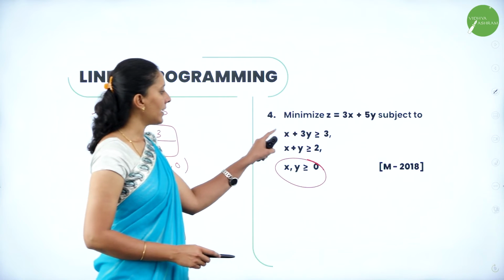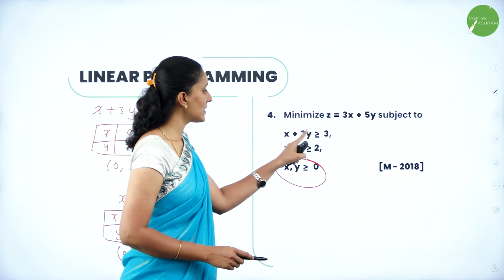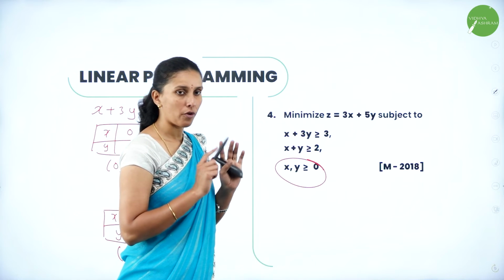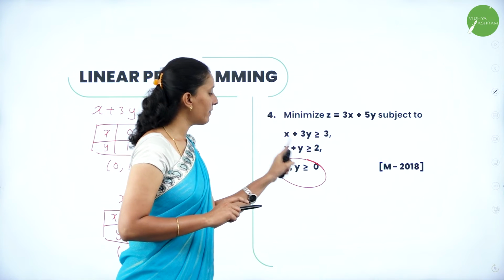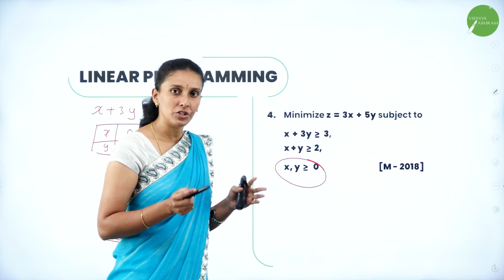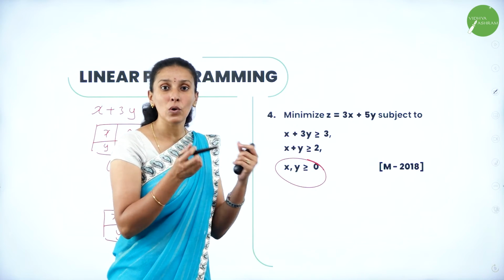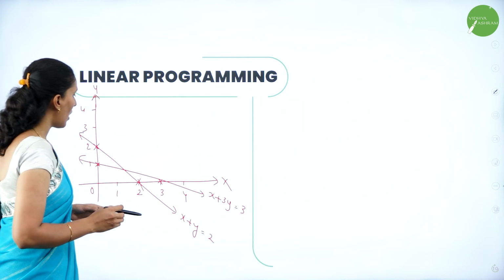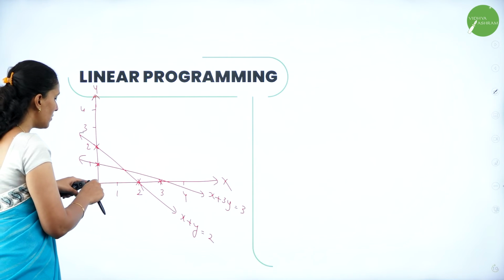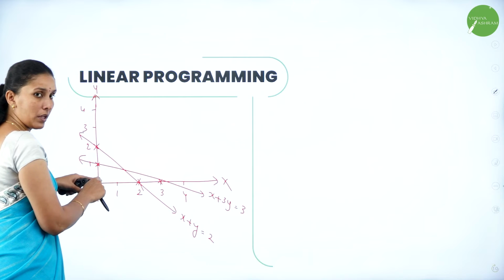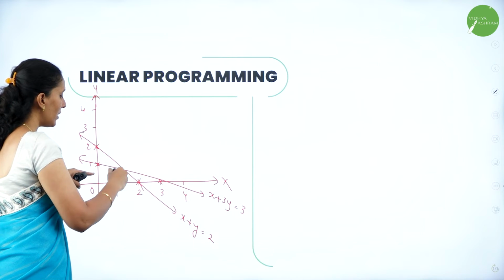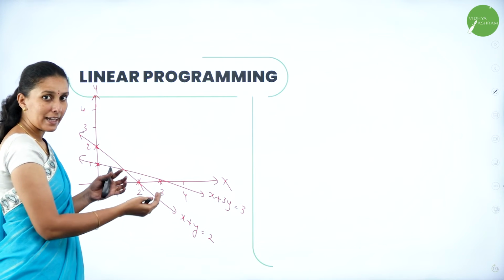If you take x and y as 0 here, you will get 0 greater than or equal to 3, which is false. Here also you will get 0 greater than or equal to 2, which is false. That means your solution region lies where 0 is not there. If you shade any region below the line, obviously it contains the point 0.